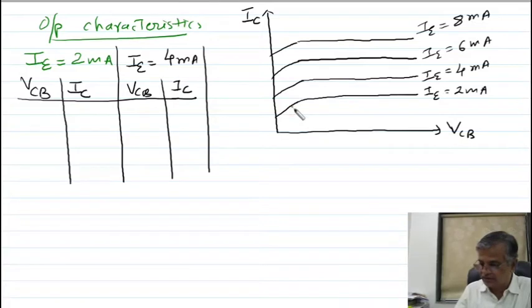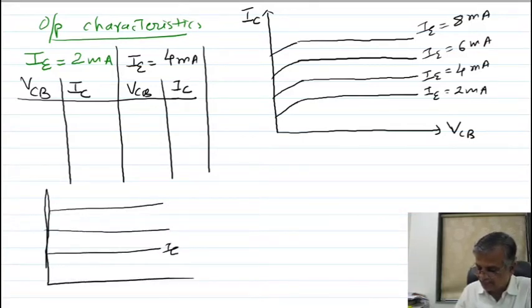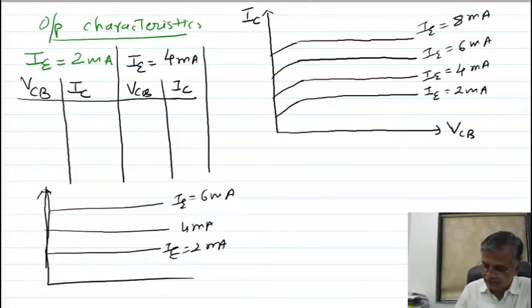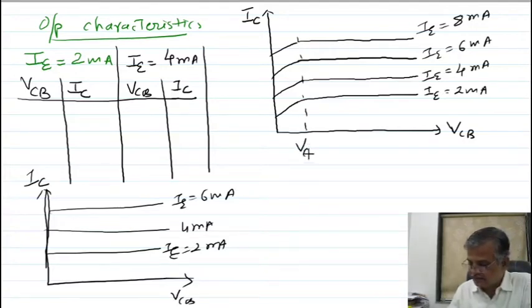Otherwise, most of the students, if you connect the analog meter, are getting such kind of graph. 2 milliampere, 4 milliampere, 6 milliampere. This is your collector current, VCB. This is what you are getting when VCB is less than 0.1 volt.